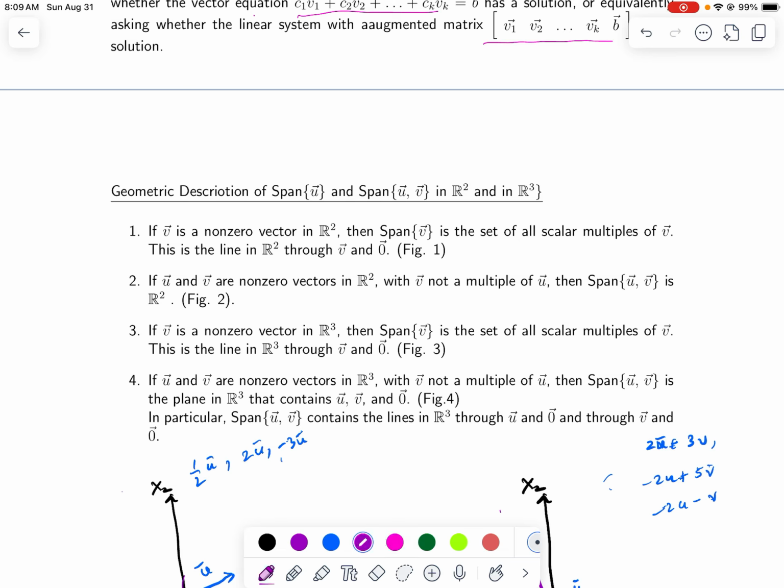What does that mean? It means the origin, the vector u, and all the other vectors that lie on that line, which will be the scalar multiples of the vector u.